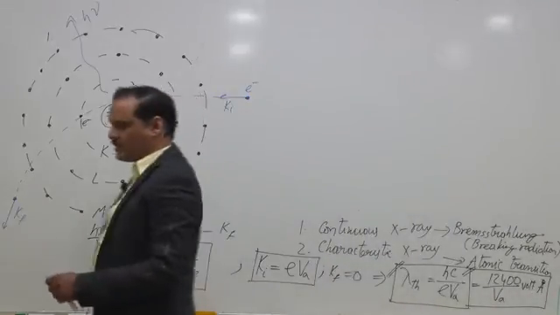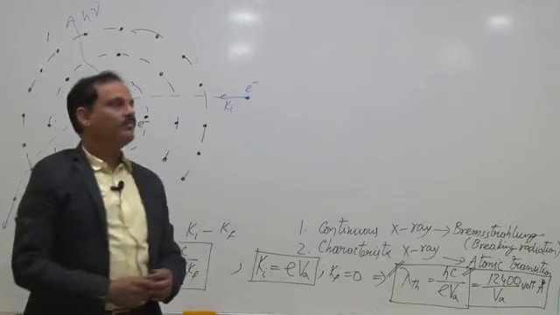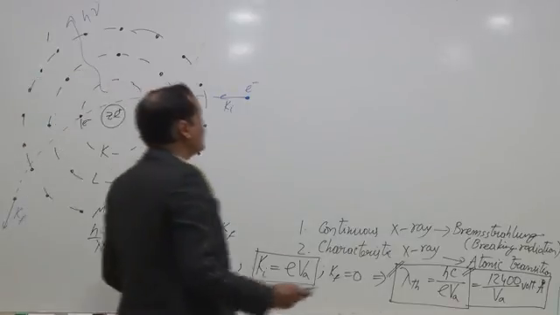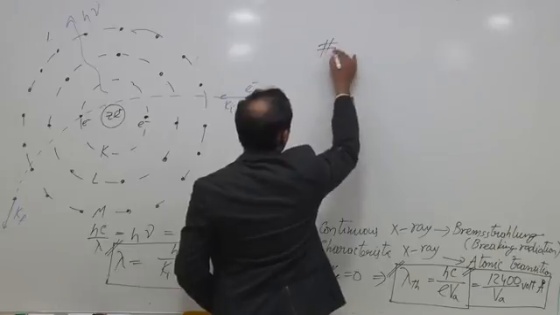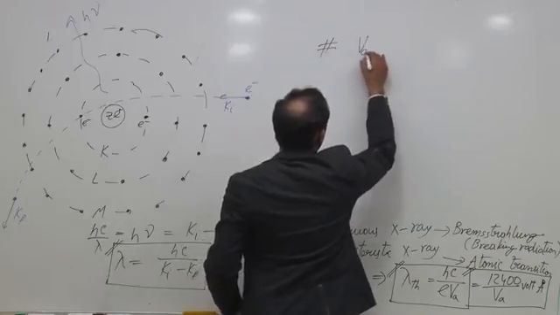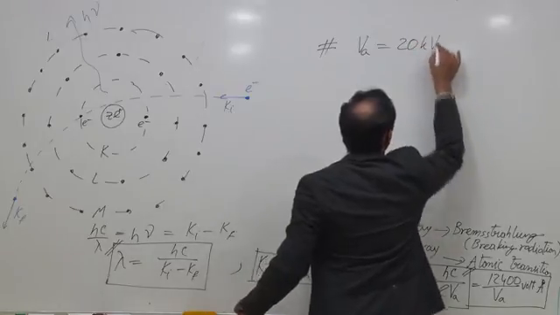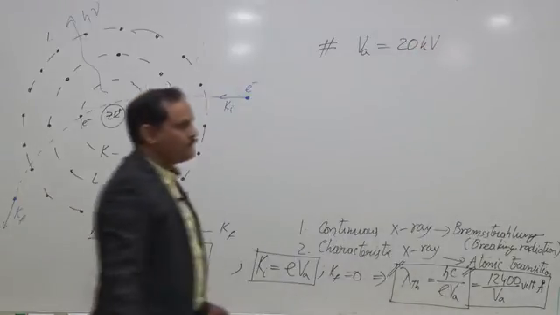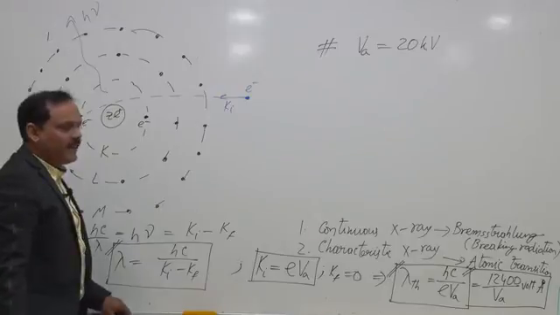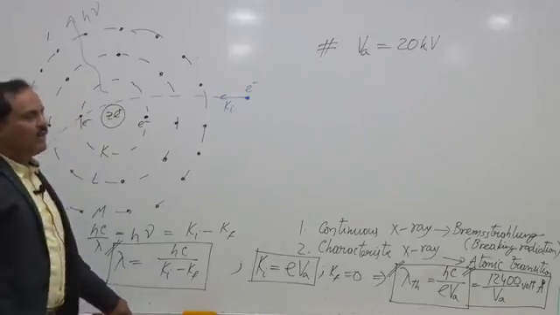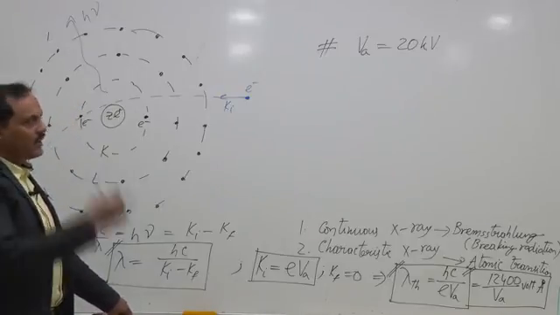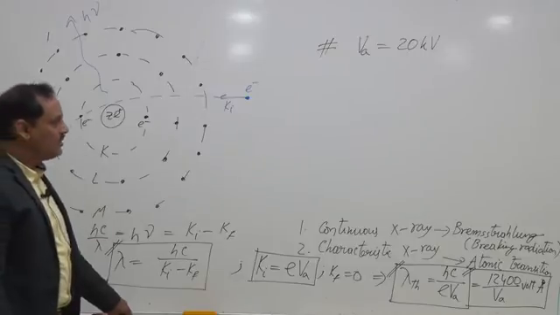Now let us see a question. A Coolidge tube is operating at an accelerating voltage of 20 kilovolt. Find the threshold wavelength for that Coolidge tube.